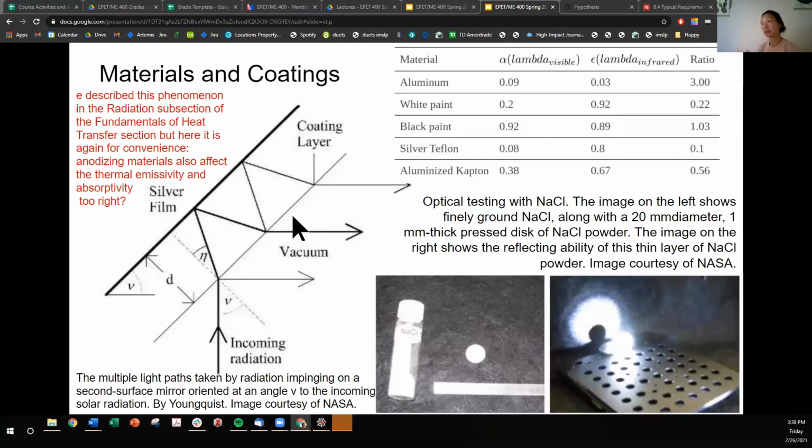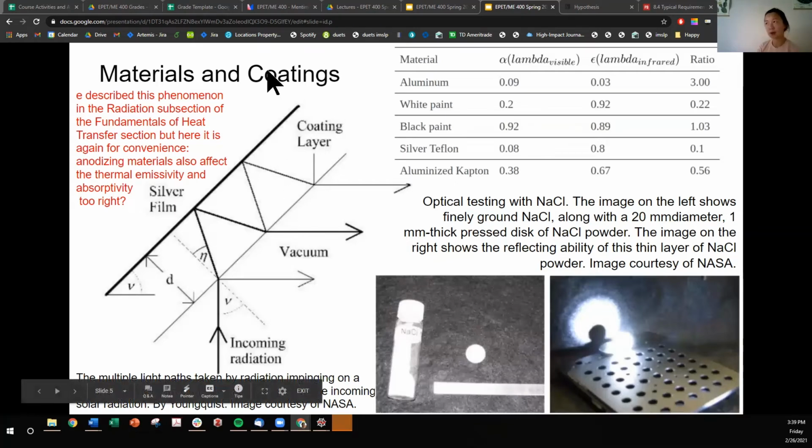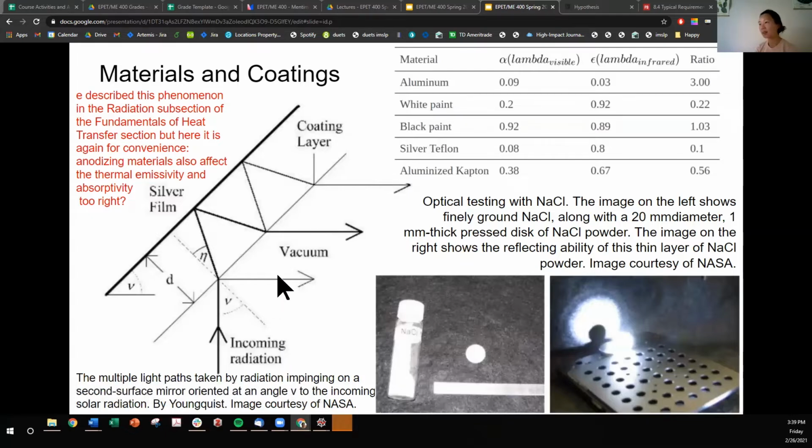Whereas coatings differ in that you have the bulk material underneath, and the coating is a surface layer. So if we look at how coatings work, you can have incoming radiation, and the coating layer rejects some and can penetrate the layer a little bit as well.